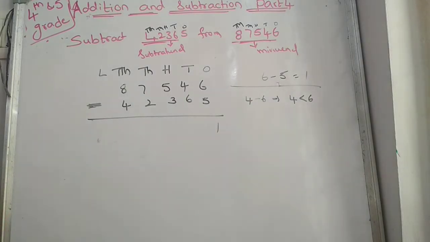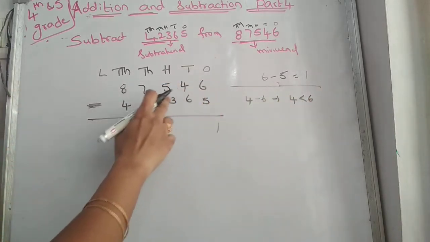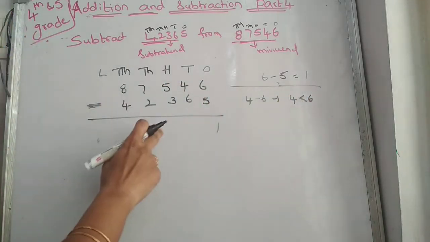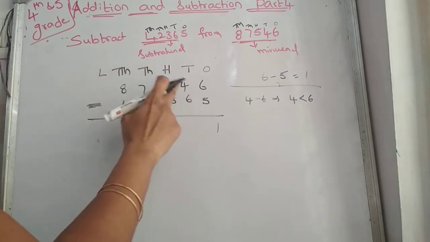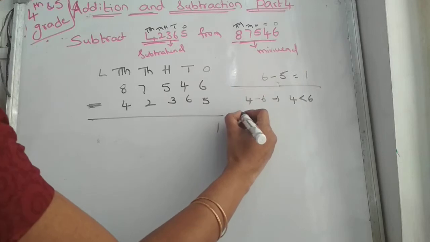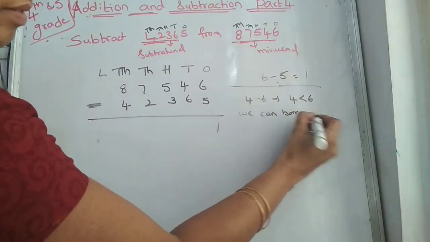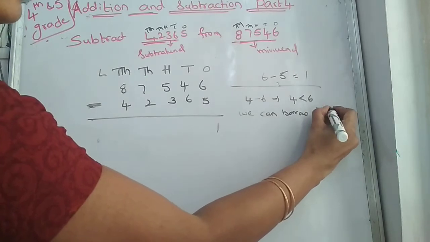So first, without boring, I will explain. 4 is less than 6, so we can borrow 1 from the hundreds place.